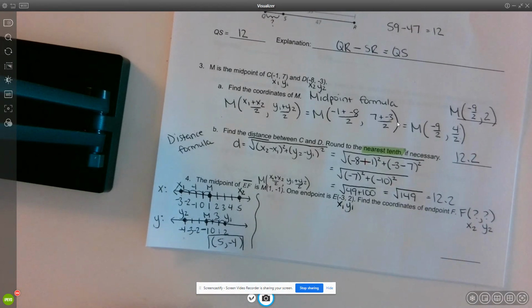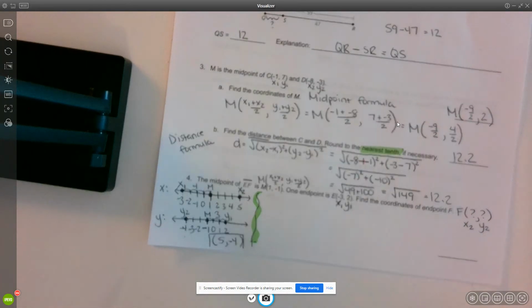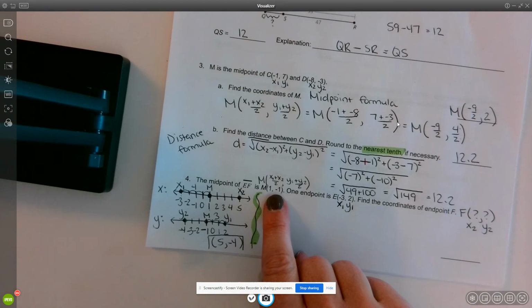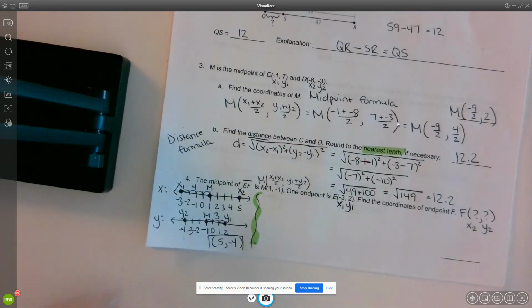I can use another method to find this point. So I made a little separation here. We can also use the midpoint formula. I wrote the midpoint formula up above the midpoint here so you can visualize what's going on.